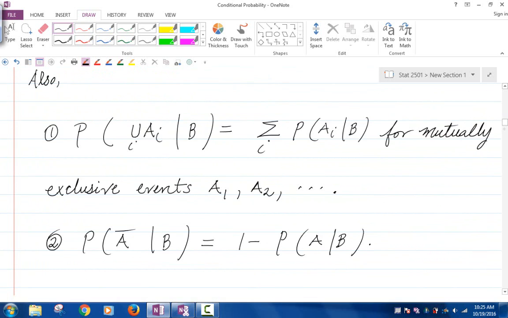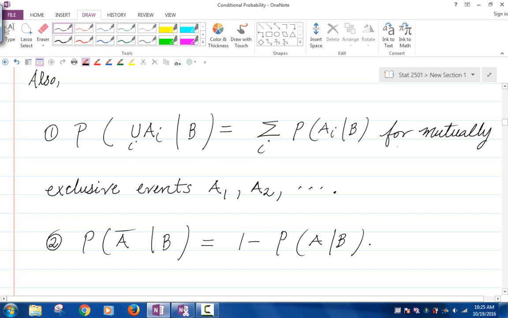And also the probability of the union of A_i, where i varies over some set, given the condition B, is the same as the sum of the probability of A_i given B, where the sum goes over values of i in some set.